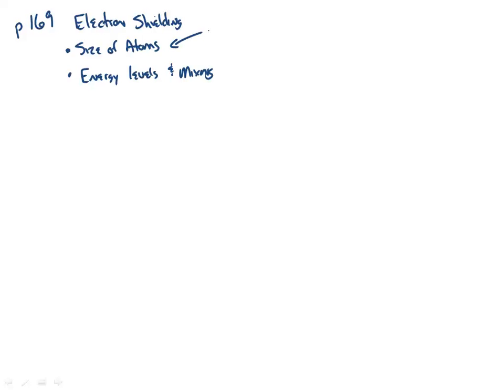We'll focus on this, and we'll just accept this as a fact, meaning we won't do the actual calculations, because they would be problematic, so we're not really going to worry about them too much. If I take a look at an atom, I've got the nucleus, that's got our positive charge in it, and then we've got these orbital shells full of electrons. There's two types of forces going on here.